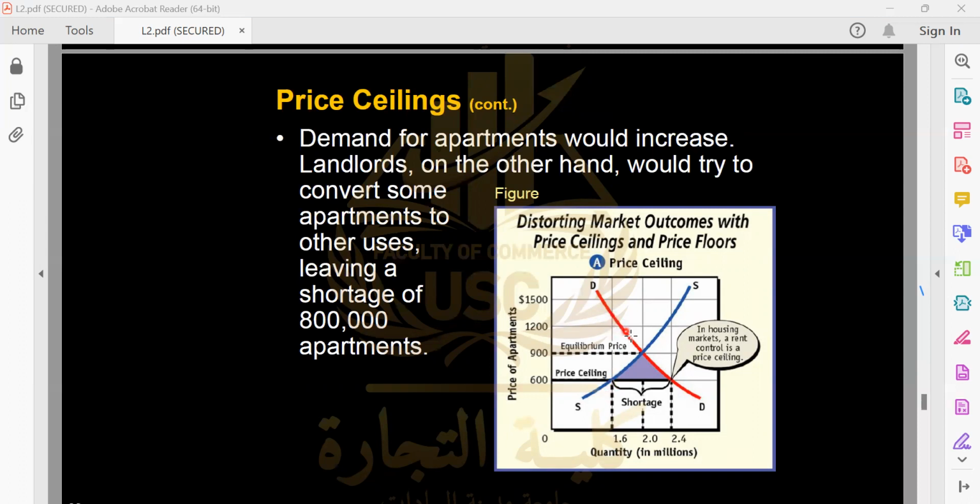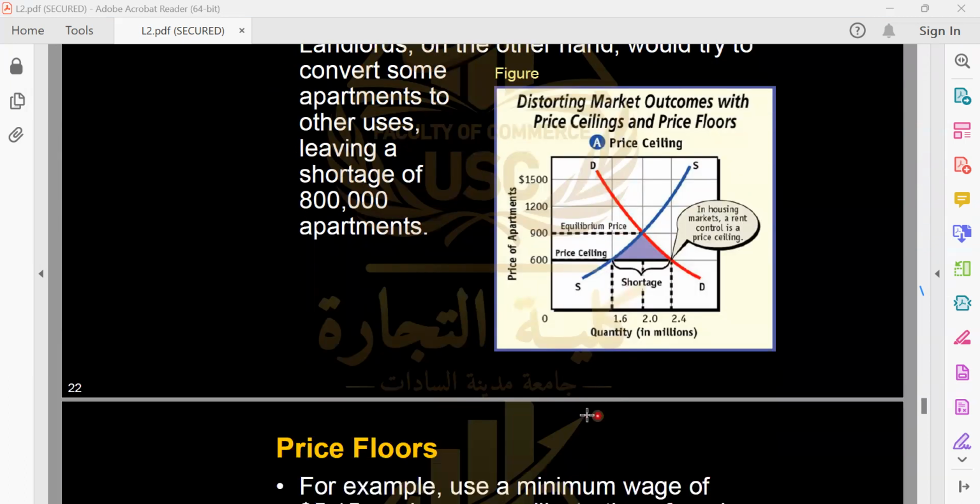A deadweight loss because suppliers could supply 300,000, and we have in the equilibrium point an equilibrium quantity of 2 million, and because the price decreases, we have less quantity, so we have a shortage. So this area is called underproduction.